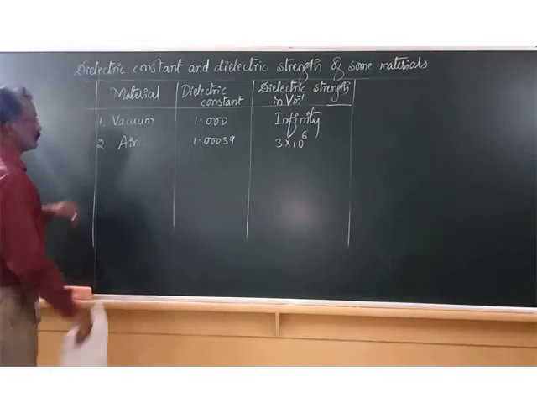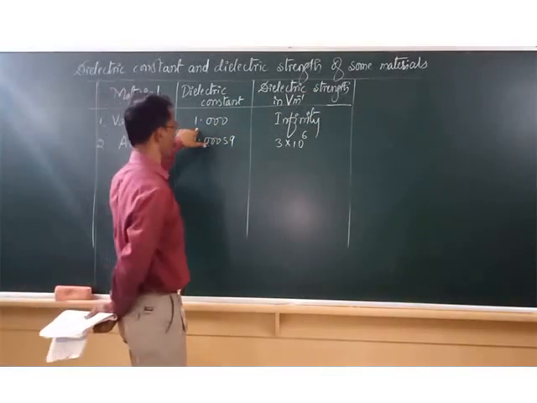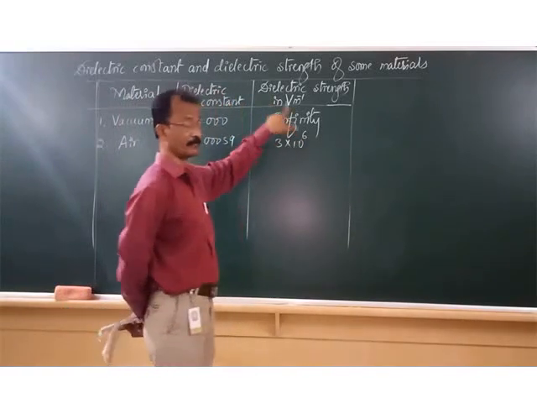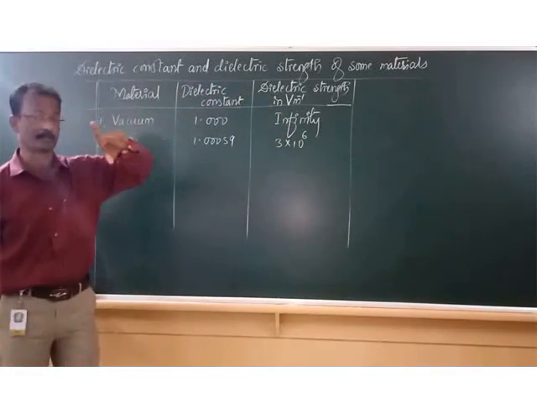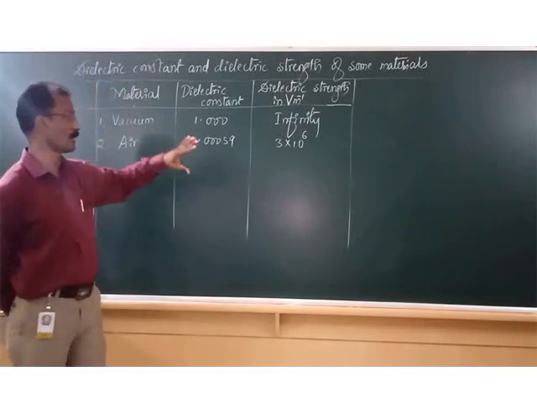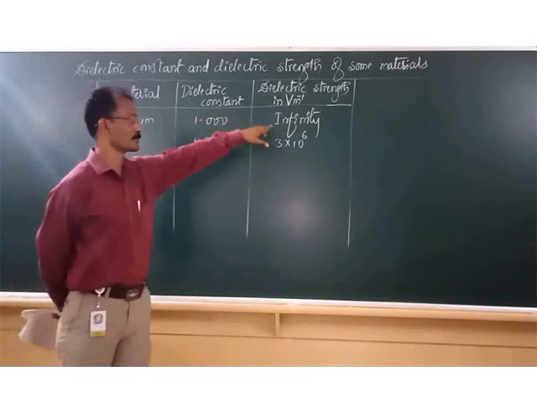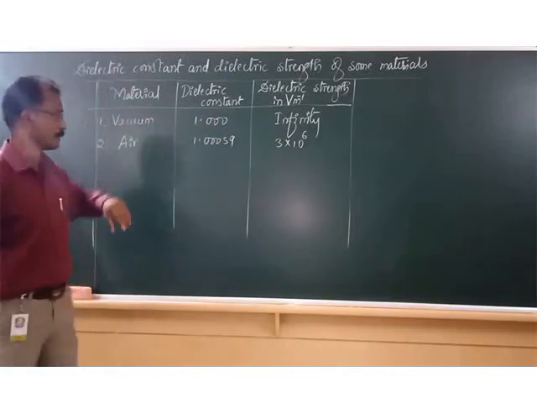See, for vacuum the dielectric constant is 1.000 and the dielectric strength is infinity. An infinite amount of electric field can be applied to a vacuum, so it can tolerate infinite strength of electric field.